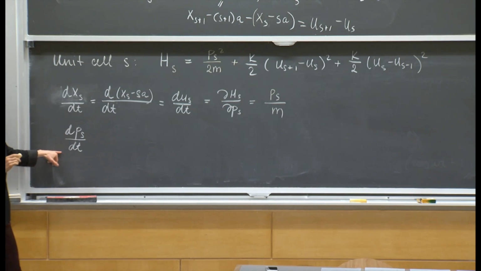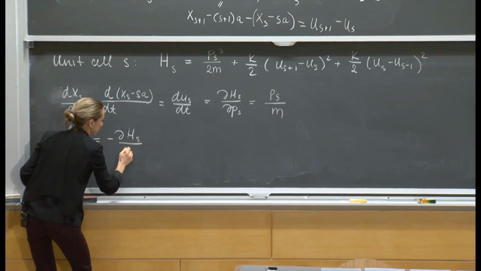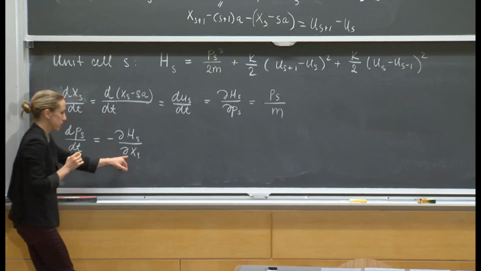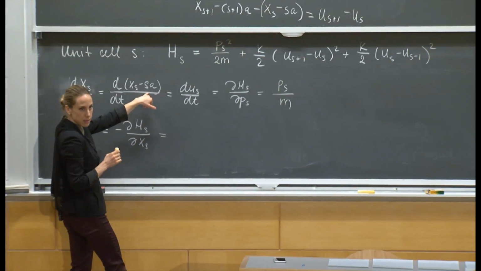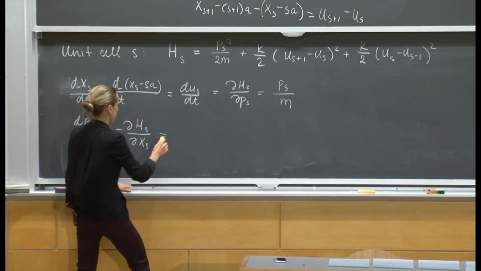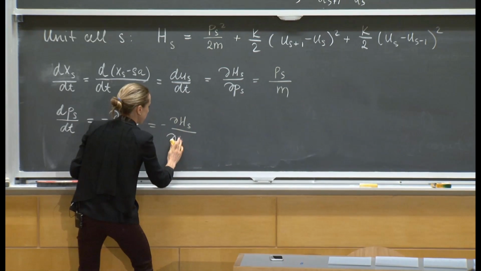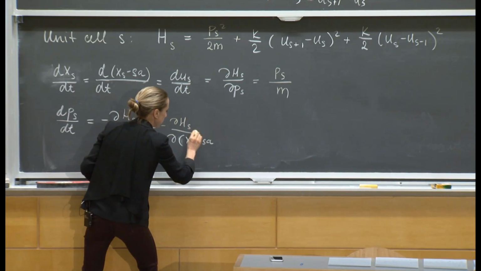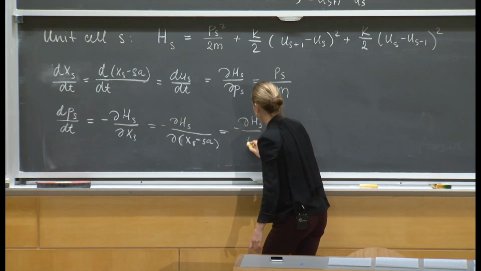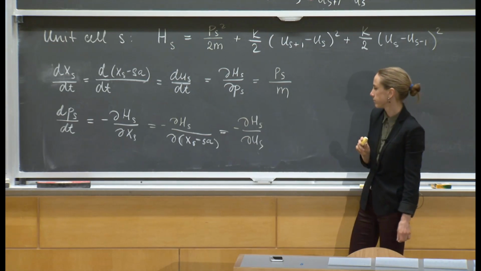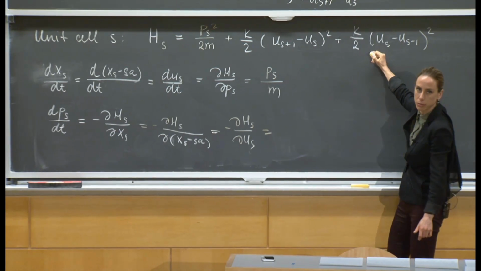Our derivative of momentum over time is minus dH dxs, but again, we can add a constant, something that doesn't change with respect to s, x, which means we can write it as dH dus. And then we need to take derivatives of these two components.